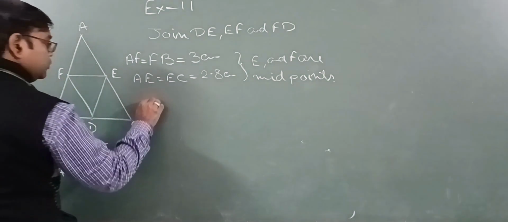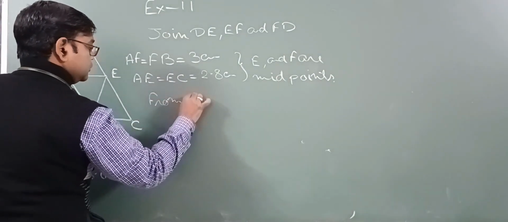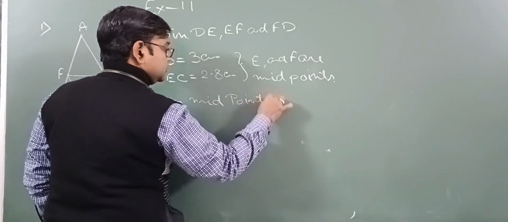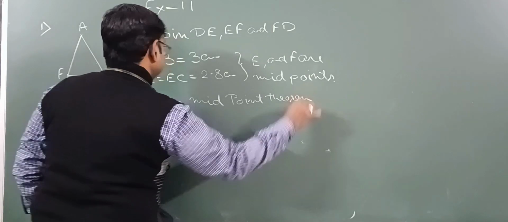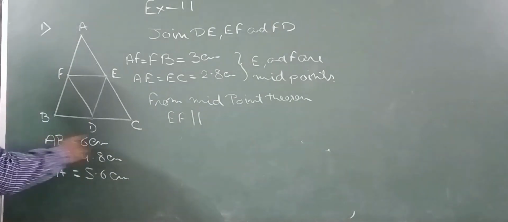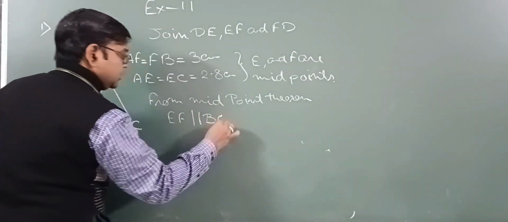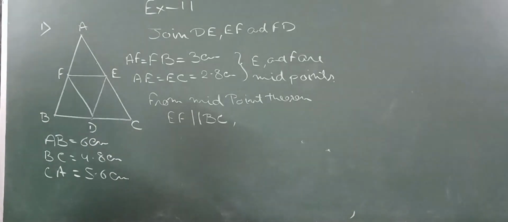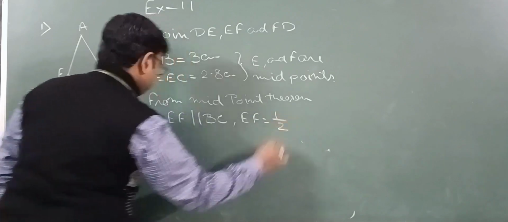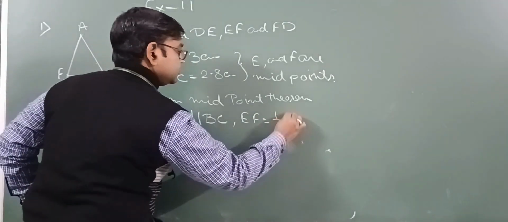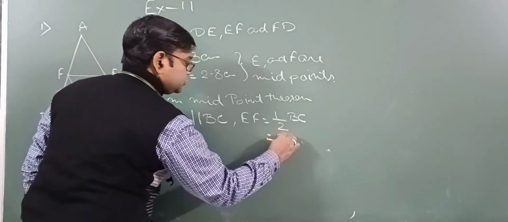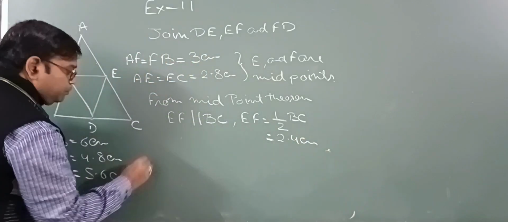As we know from the midpoint theorem, EF is parallel to BC, and also from that theorem we can say that EF is half of the base BC, that is, EF equals half of 4.8, so EF equals 2.4 centimeter.